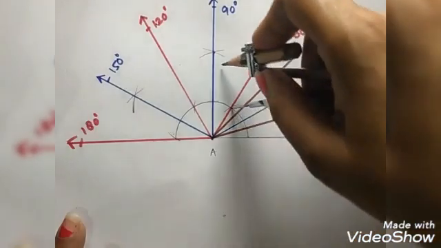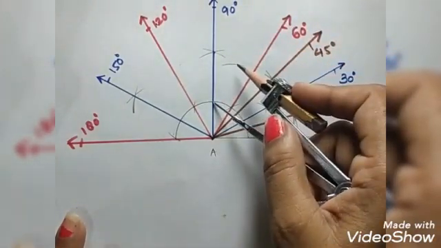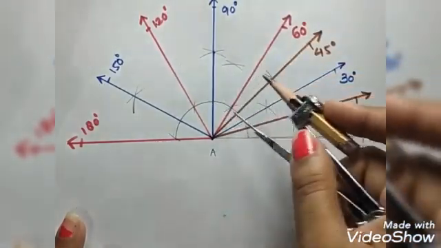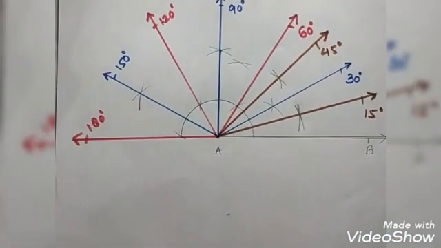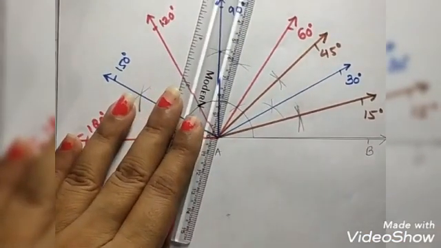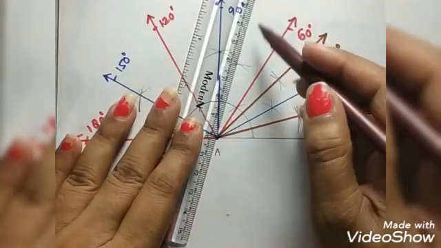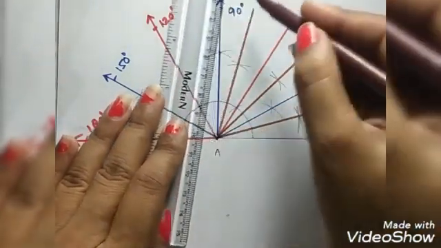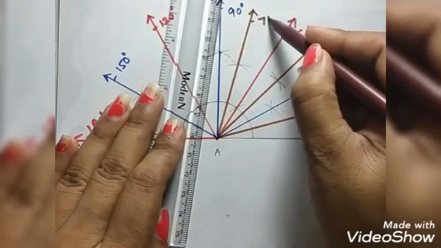Now to draw an angle of 75, draw an arc from these 2 points and then join the point A and the point of intersection of these 2 arcs. This is angle 75 degree.